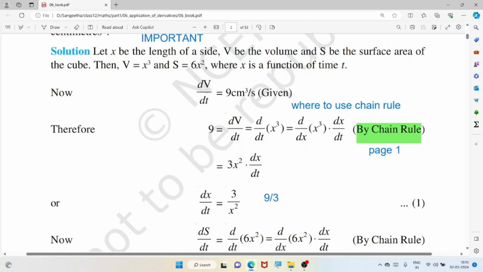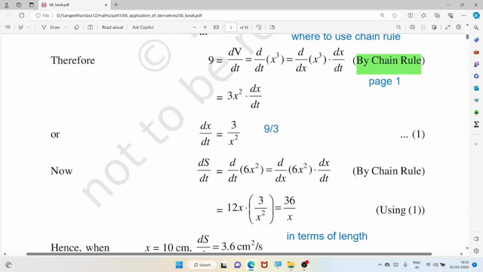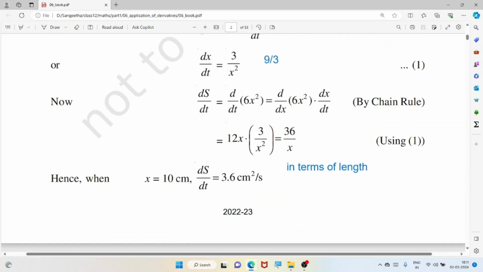So look here, dx by dt. This is the side, because it is given as x, so we are differentiating volume with respect to x, but they are giving volume with respect to time, dv by dt. By chain rule we are using this here. 9 equal to 3x square dx by dt. So dx by dt is 9 by 3x square, which is 3 by x square. Then after substituting in terms of length, you will get this.